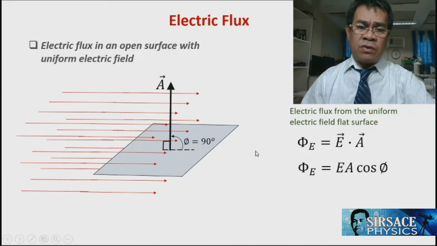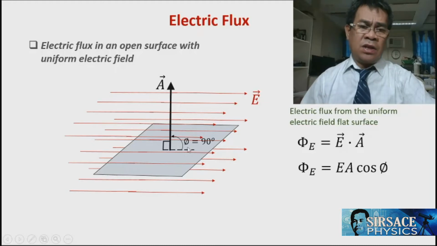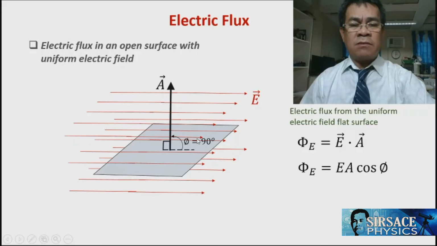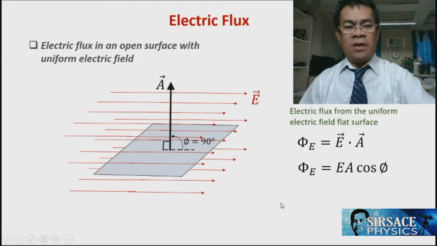So if it is normal to the area, it is now perpendicular to the electric field. Therefore, the angle must be 90 degrees. So the question is, do we have the flux? The answer is no. The answer is 0.